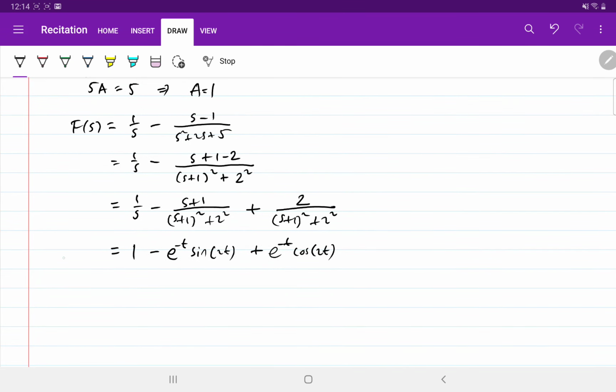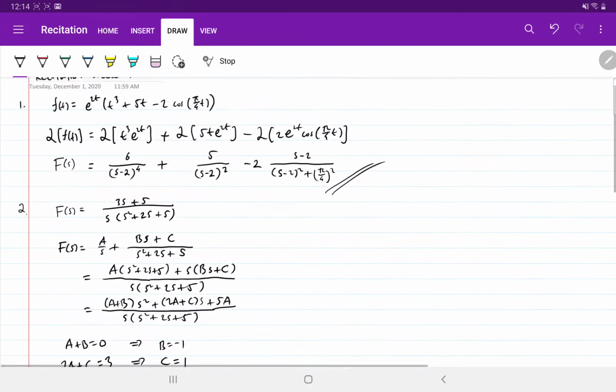Okay, so this should be the f of t, which is the inverse Laplace of F of s, and that's the final answer.